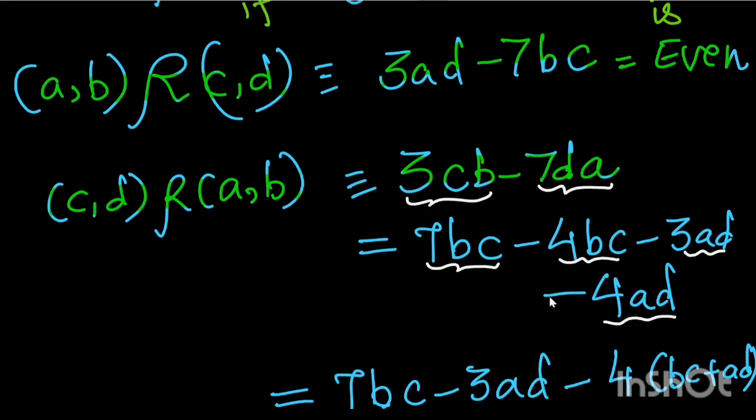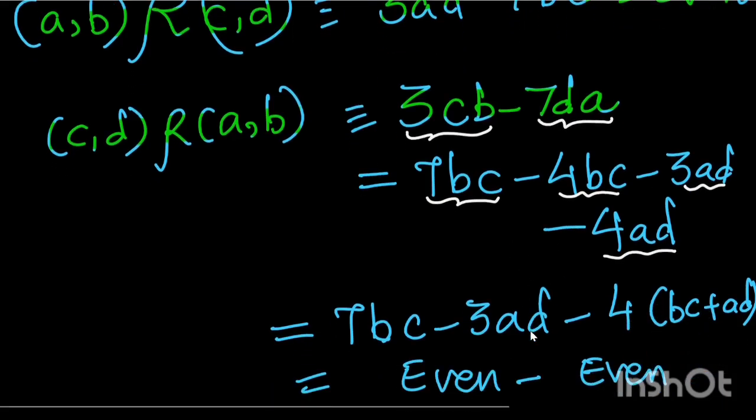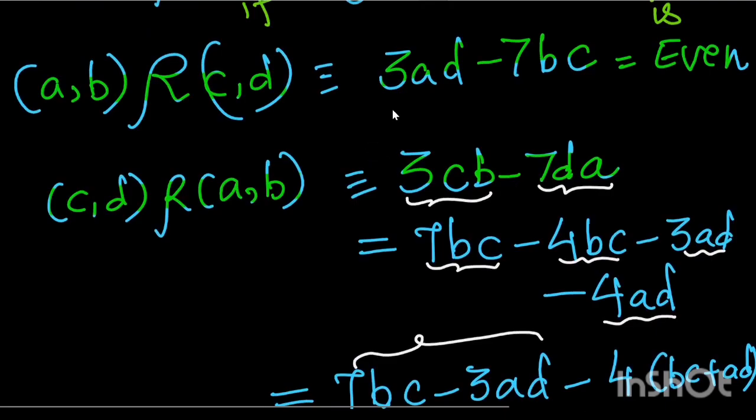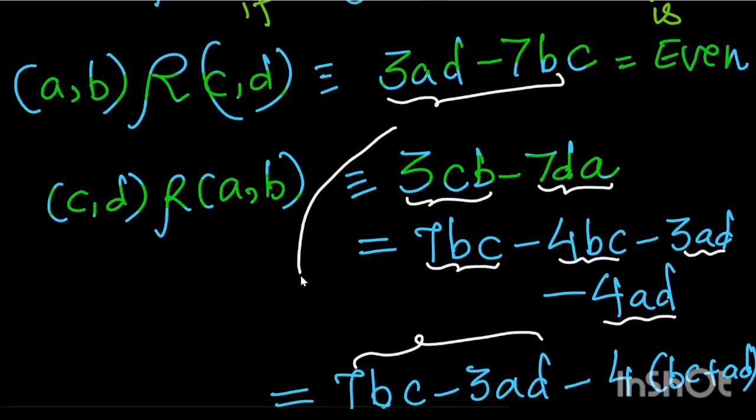Minus 4 will be taken common, (bc plus ad), and then 7bc minus 3ad. If you see, it is 7ad minus 7bc, the same term came with a minus sign. Even if it is minus times, this will still be called even. And since there is a 4 here, it would again be even. Even minus even is even. So symmetric is proved, guys.